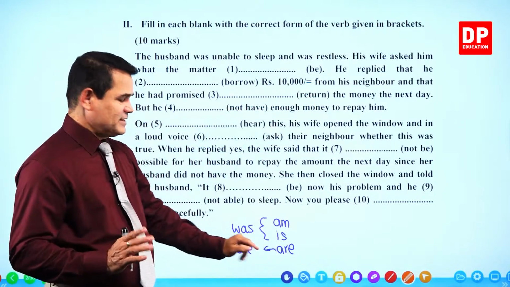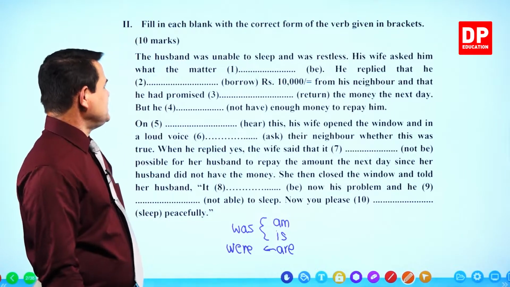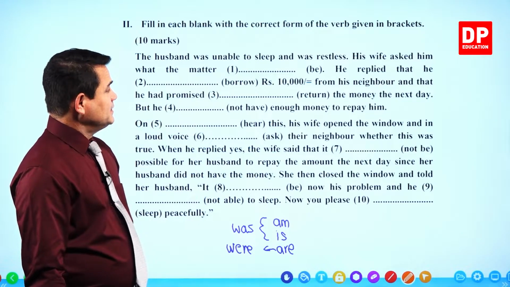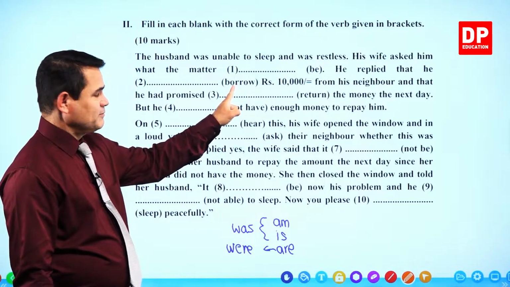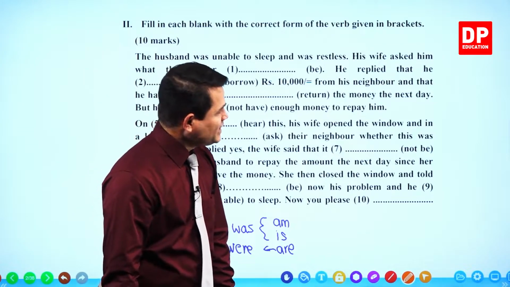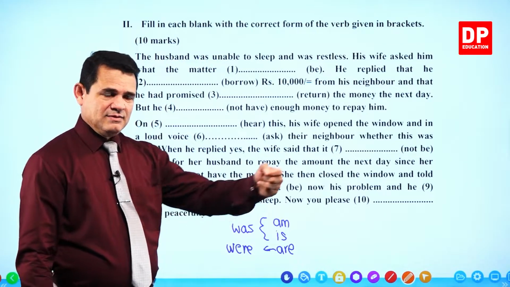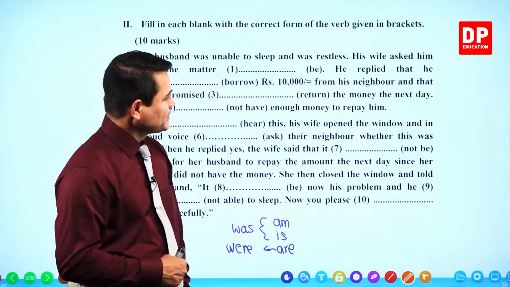Now we can guess from here. Let's see. He replied that he blank 10,000 rupees borrow. Borrow means to take on loan. 10,000 rupees from his neighbor.